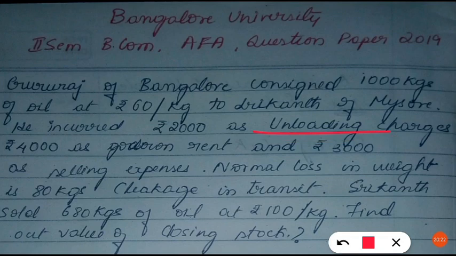Next, 4000 as godown rent. Godown rent is recurring; every month or every quarter you need to pay, so this is a recurring expense. And 3000 is a selling charge. This is also a recurring expense, because until and unless you are promoting the sales, this will be incurred, so it is repetitive in nature.